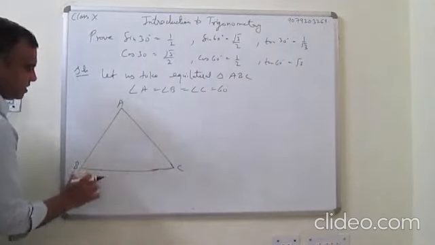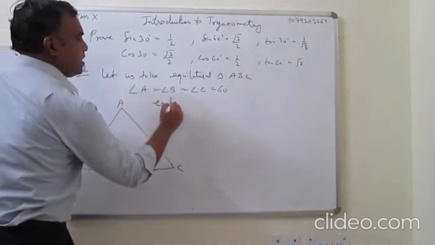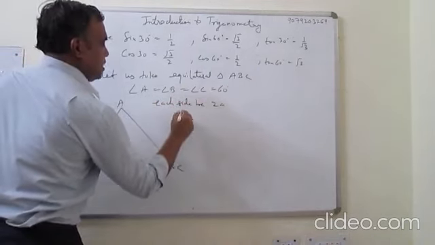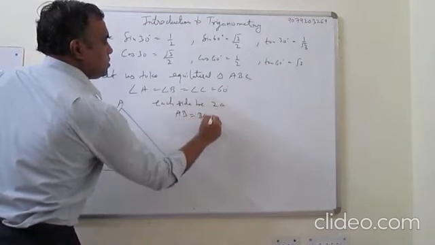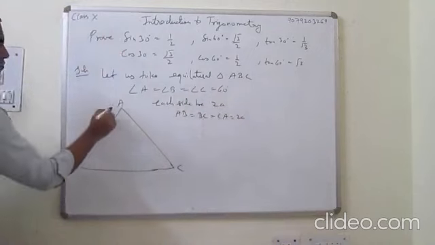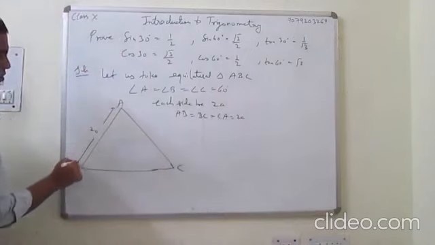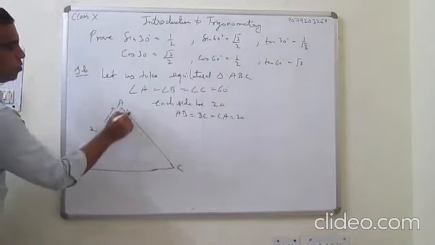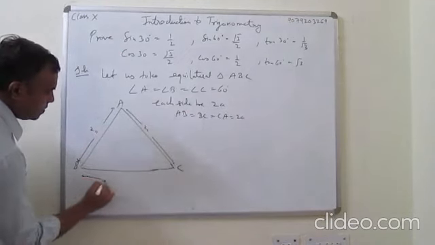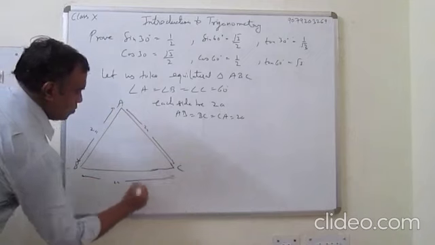Let each side be 2A, that is AB, BC, CA is equal to 2A.